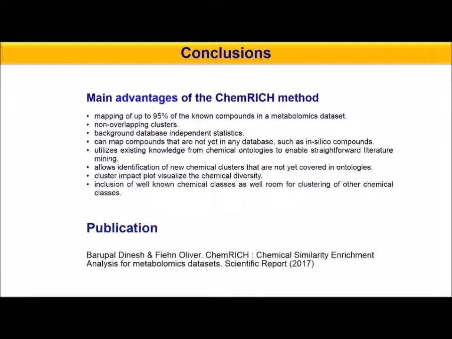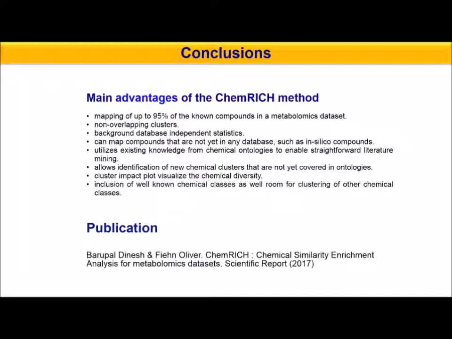It uses background database independent statistics, so the p-values that are generated today will be reproducible after 6 months, because it uses the data set itself as a database. It doesn't depend on a biochemical database.